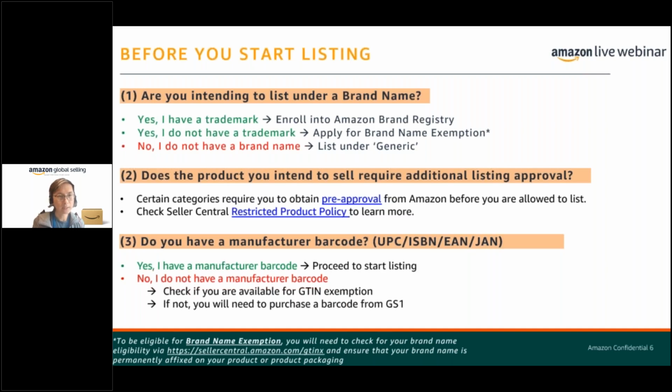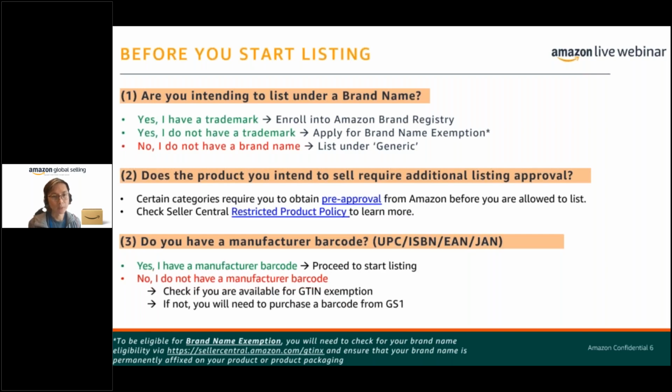And then the last thing you need to think of is whether or not your product has any barcode or code such as the UPC, ISBN code, etc. If you already have a barcode, very good, you can put in those codes during your listing. However, if you don't have a barcode or your product doesn't require a barcode, you can check whether you need the GTIN exemption.